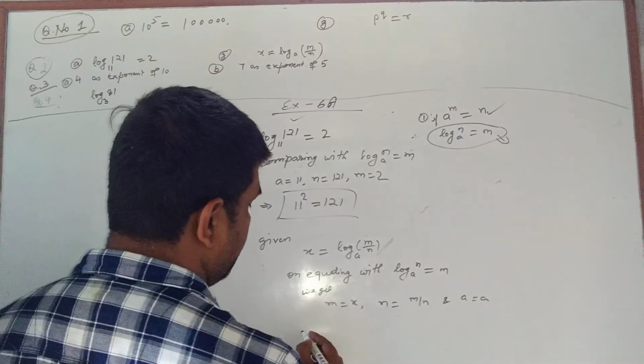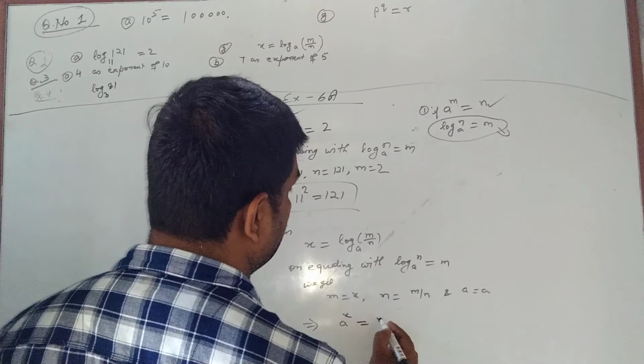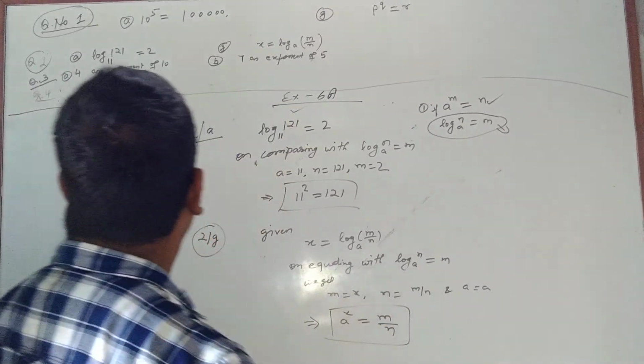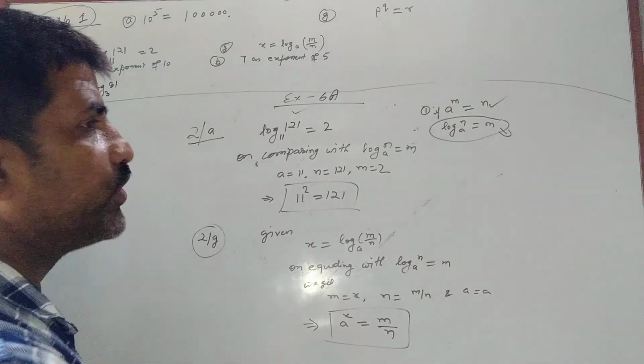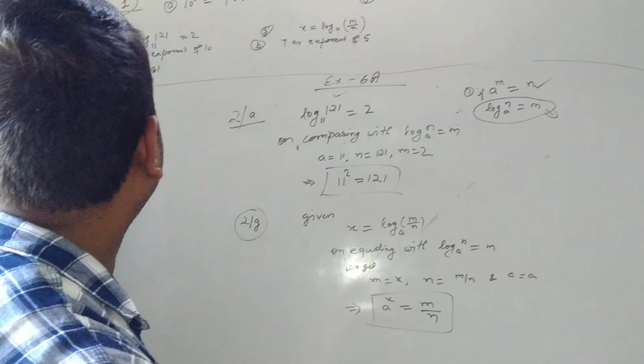So this can be written as a to the power x equals m by n. So likewise you can do question number 1 and 2. Now we shall move to question number 3.